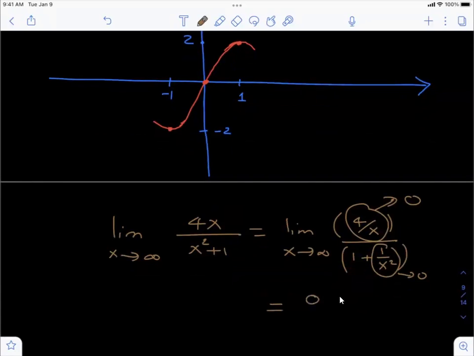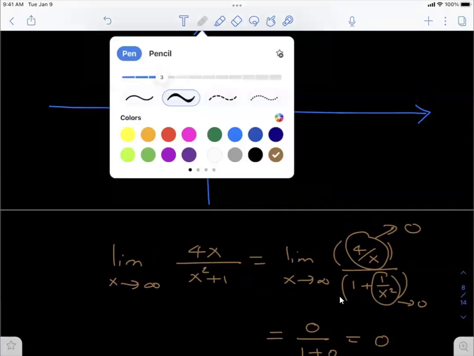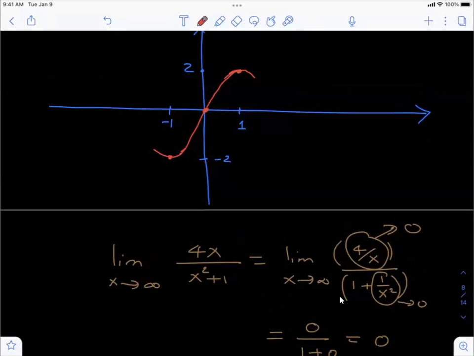So it's going to be 0 divided by 1 plus 0, leaving 0. So when you consider the right end limit, it should look like this. It's aligning with that. Now one can argue, okay, why does it go like that?